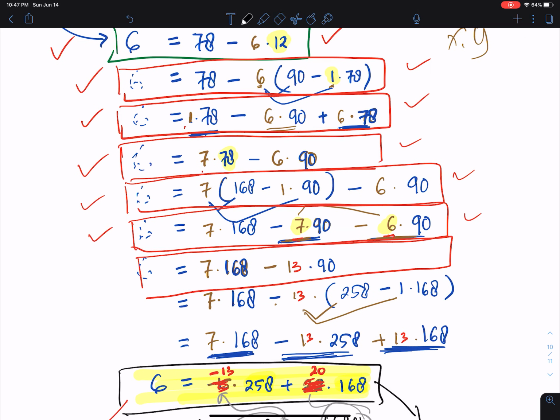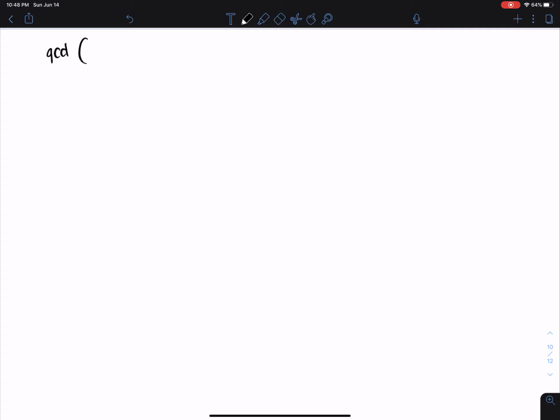Okay, so we will try one more example with different numbers so that you can take a look one more time. So now we try the GCD between, let's see now, small numbers, yeah, 58 with, let's say, 24.